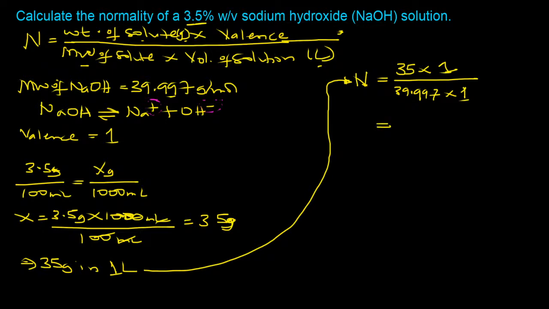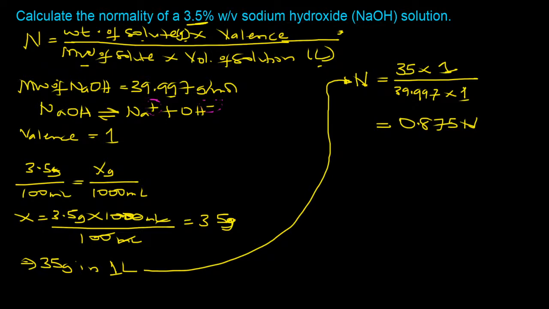And so when you go ahead and do the math, we end up with essentially 0.875 normal. So the important distinction between this question and the previous one is the fact that in this question you were given concentration and we're not given quantity in grams and volume in liters or milliliters.